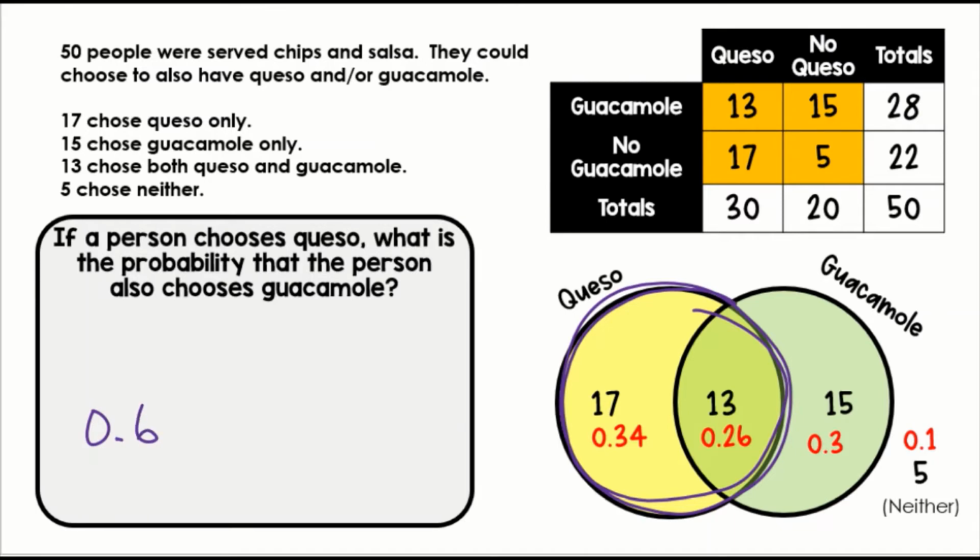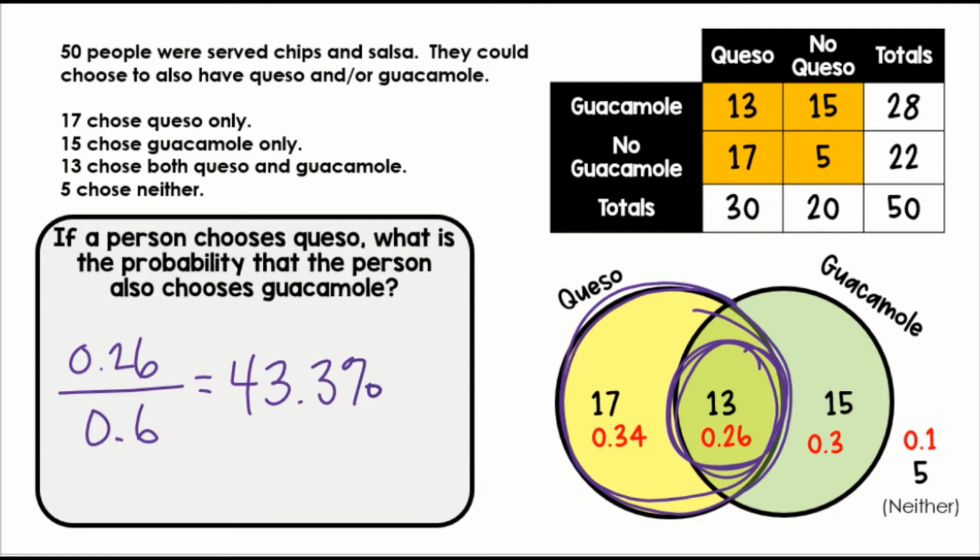And then we look out of that group, what's the likelihood that someone would also pick guacamole? Well, they're represented here with 26/100. Again, we still find that same answer of 43.33%.